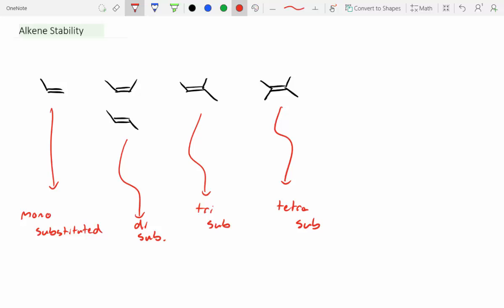Which one do you think is going to be most stable, the tetra-substituted or the mono-substituted? Tetra. So again, just using that simple hyperconjugation rule, we know that we get more stable due to hyperconjugation.